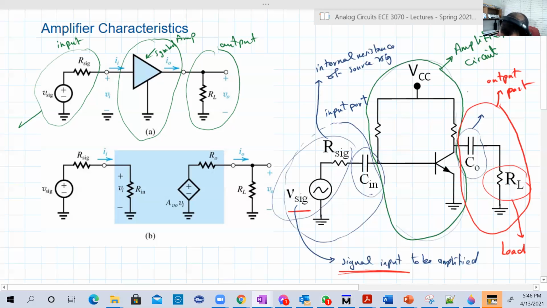If we look between the two terminals of the input, this point and this point near the ground, we can abstract everything beyond these two points into V Thevenin and R Thevenin. What is between these two points? Basically all of that.